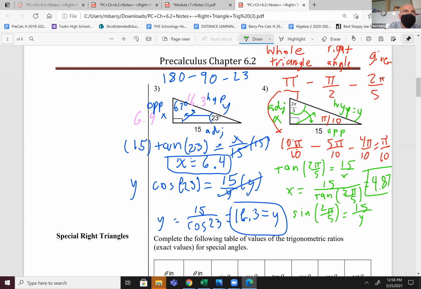Once again, I have my variable in the denominator, so I'm going to visualize multiplying the y over to the left side and then dividing the sine of 2 pi over 5 back to the right side. So I'm going to get y equals 15 divided by sine of 2 pi over 5.